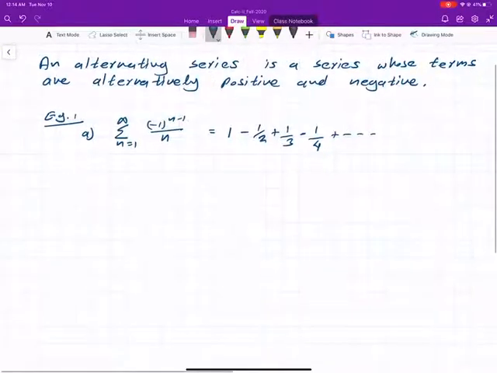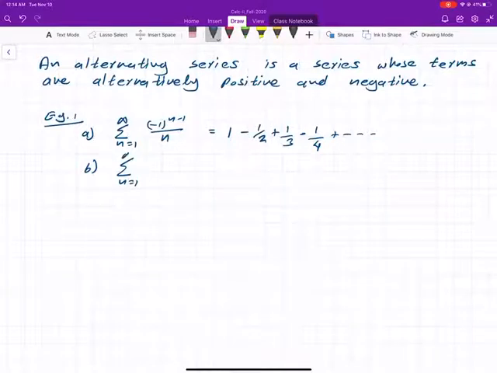And write the next series, which is B, sigma n goes from 1 to infinity, negative 1 to the power n, over n plus 1.